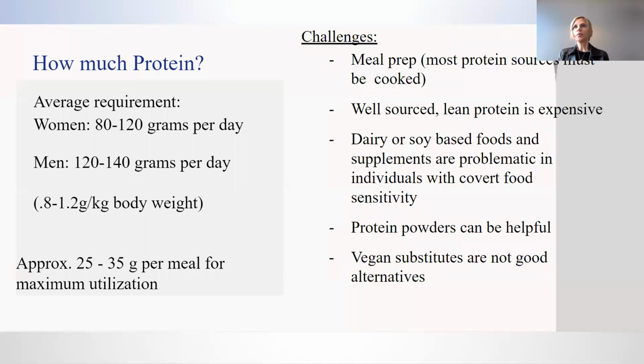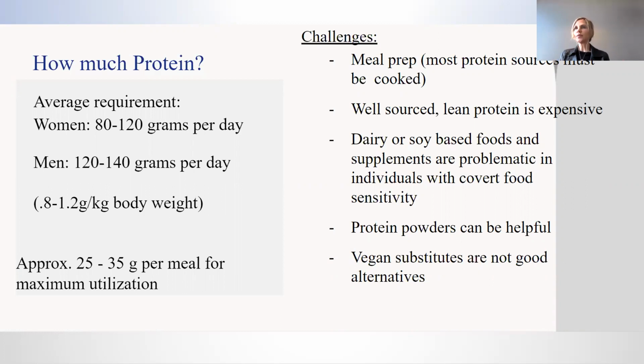So some challenges with eating enough, which I have challenges eating protein because I don't love meat and I don't like cooking. But anyway, the meal prep, so most protein has to be cooked. It absolutely needs to be well sourced.